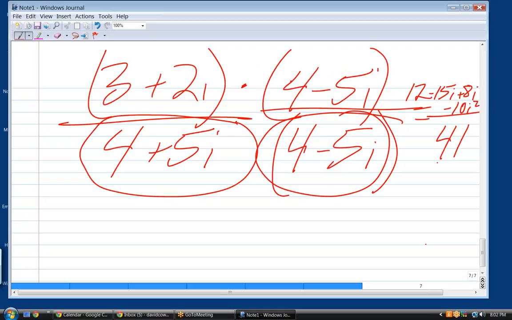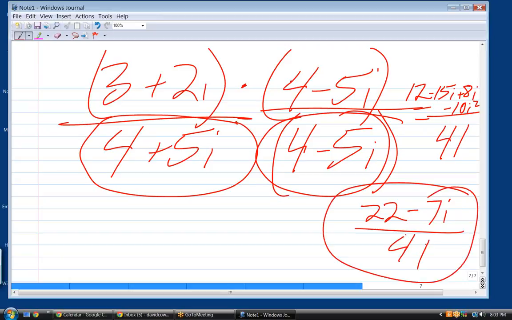So now when I simplify the numerator, I have a 12 minus a minus 10, so that becomes 22. I have minus 15i plus 8i, so that's minus 7i. The denominator is 41. So your answer almost never looks like what you started out with. Notice we started out with 3 plus 2i over 4 plus 5i, and we end up with this.